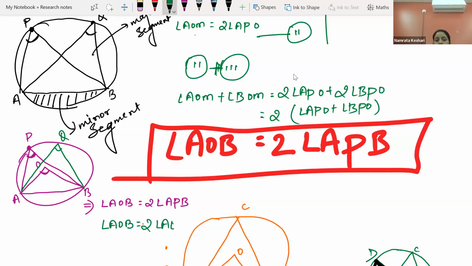Yes or no? Yes, ma'am. And if we compare equation 1 and equation 2, because this is AOB, this is also AOB, we can compare them. Are we getting APB and AQB are same? Yes or no? Yes, ma'am. This is the theorem: angles in the same segment are same.